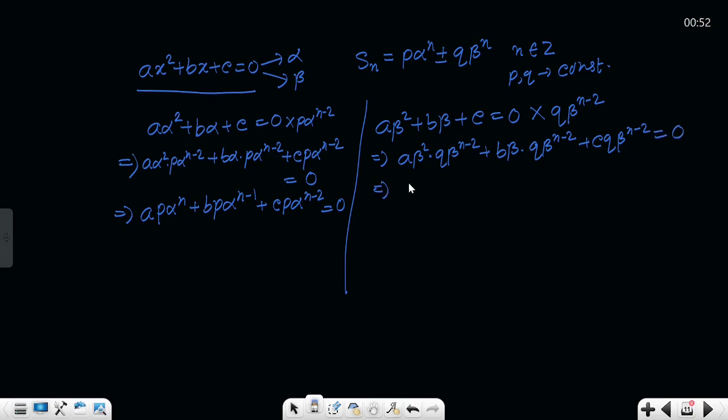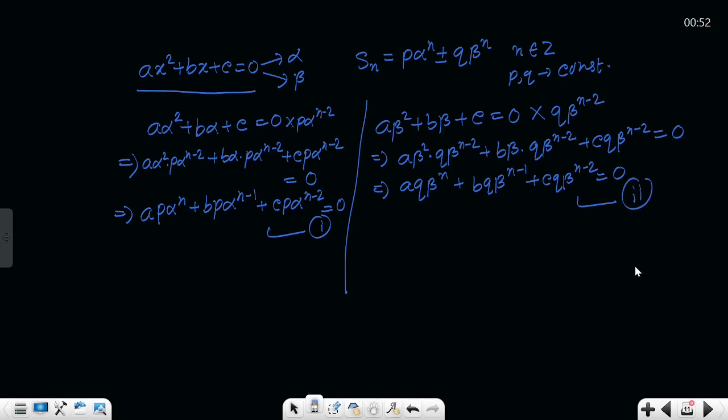So we will get aq beta to the power n minus 2 plus 2, which is n, plus bq beta to the power n minus 2 plus 1, which is n minus 1, plus cq beta to the power n minus 2 equal to 0. Let's take this as equation number 1 and this as equation number 2.